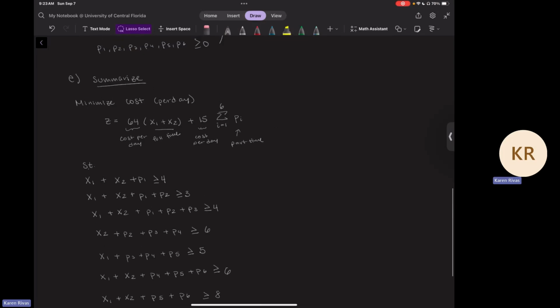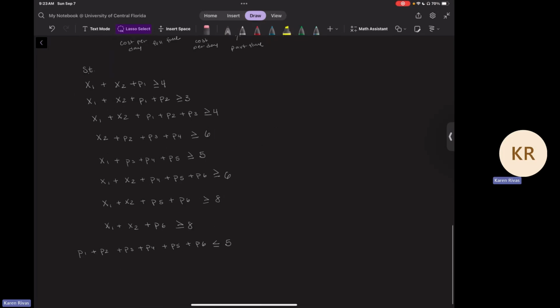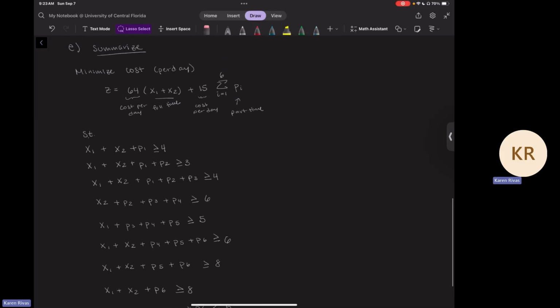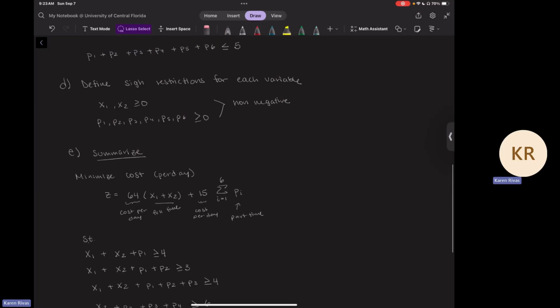Okay, and then is that all of them? We have all the equations, and now we're just going to add our sign restrictions for all of the variables.